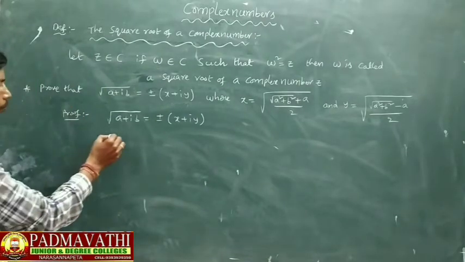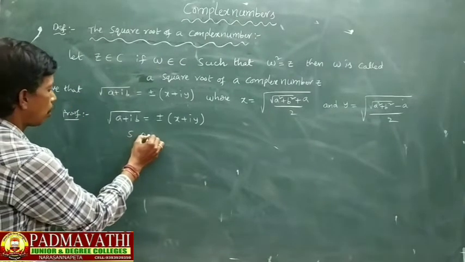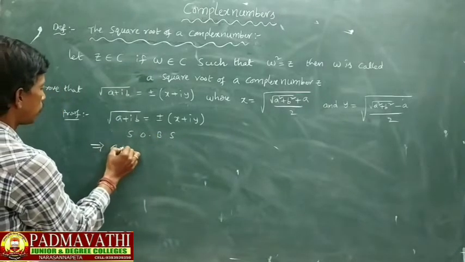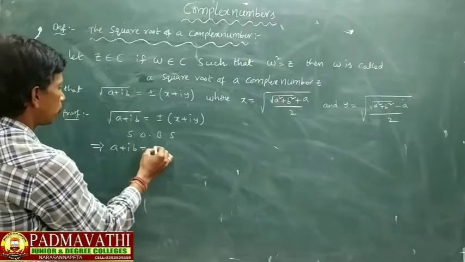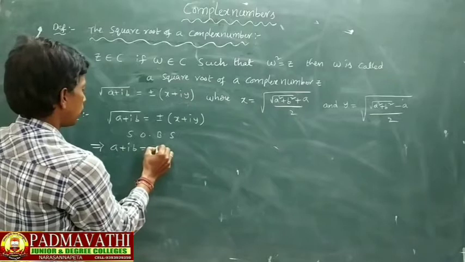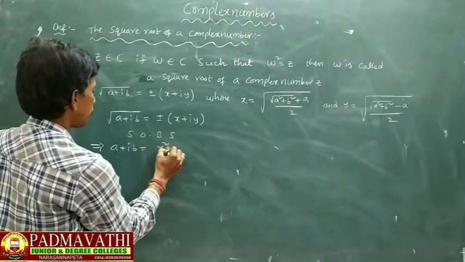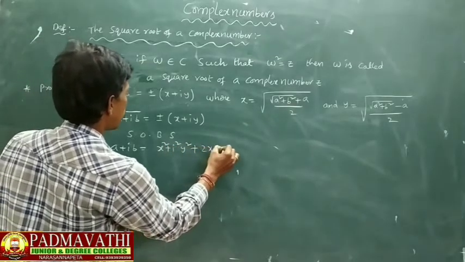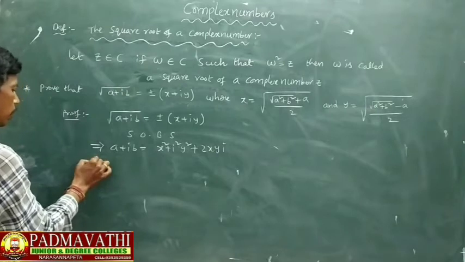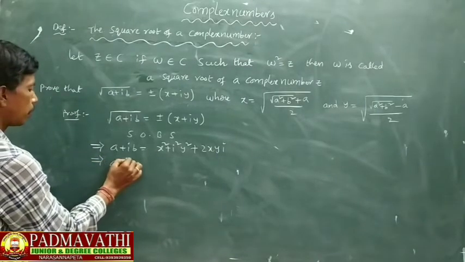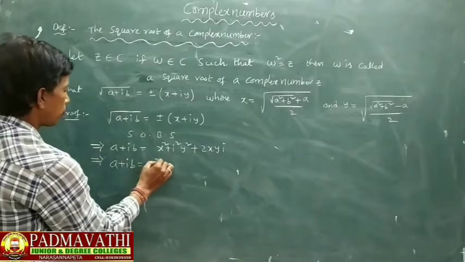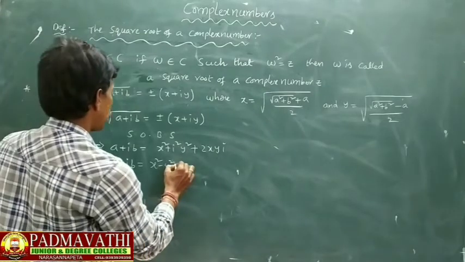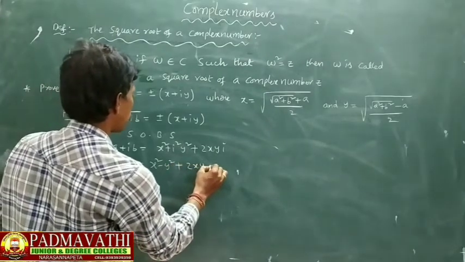Squaring on both sides, that implies a plus ib equals x square plus i square y square plus 2xyi, that is a plus ib equals (x square minus y square) plus 2xyi.